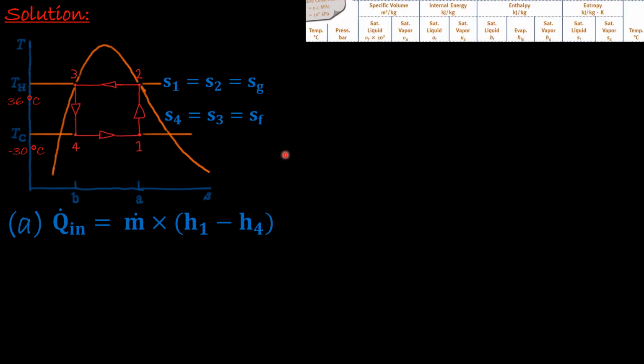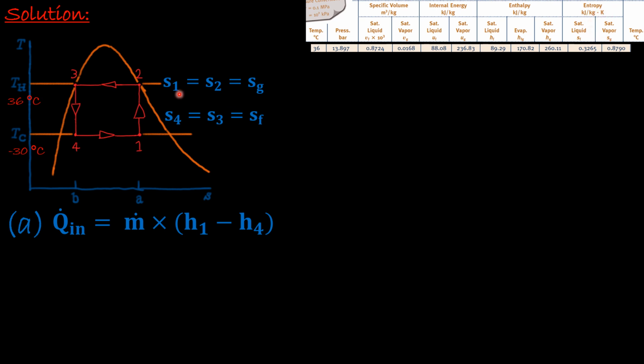So we go to the properties of saturated refrigerant 22, liquid-vapor, and we look for the temperature table, and it's located at page 901. We go to the temperature, 36 degrees Celsius, and from the table we can get the entropy values.